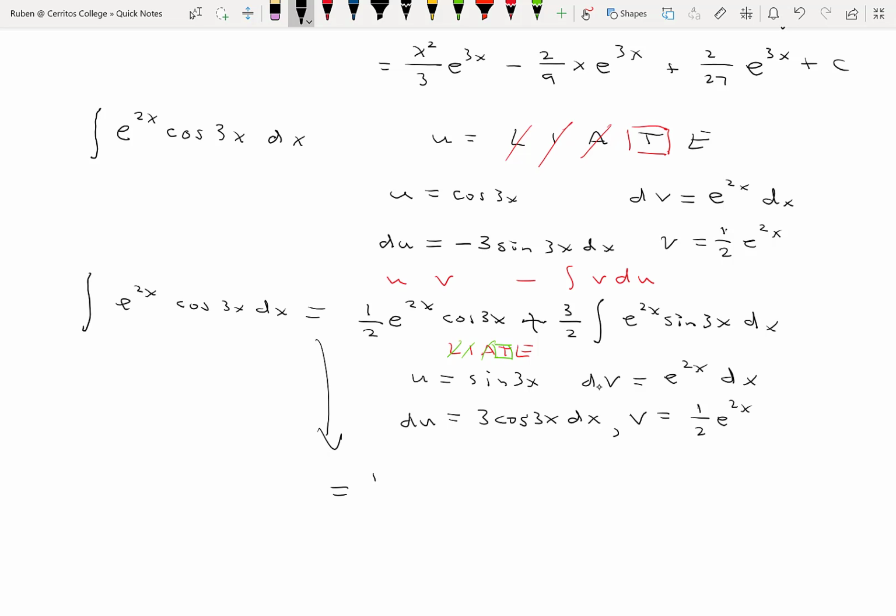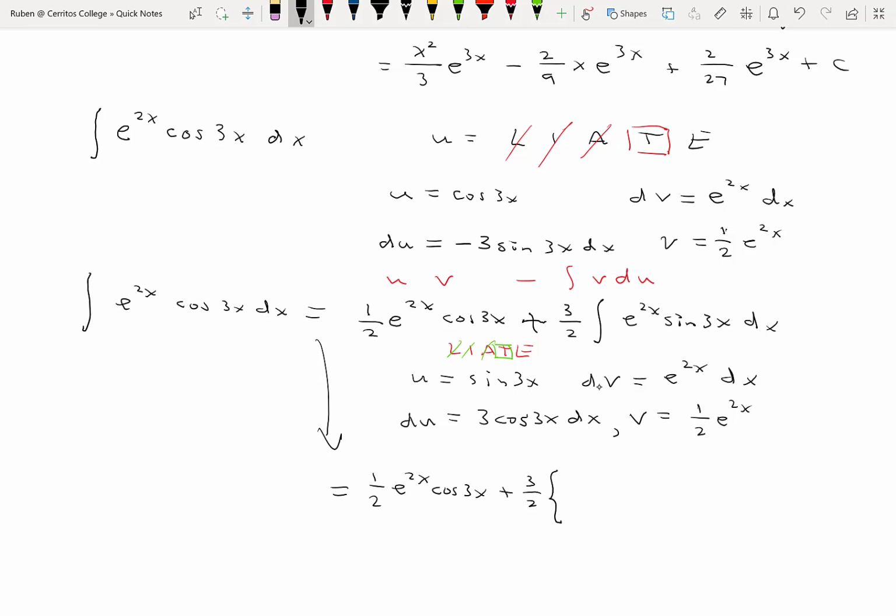So this equals the original 1/2 e to the 2x cosine 3x plus, and then in front of that, 3/2 will be the coefficient, using integration by parts with the new u and dv.